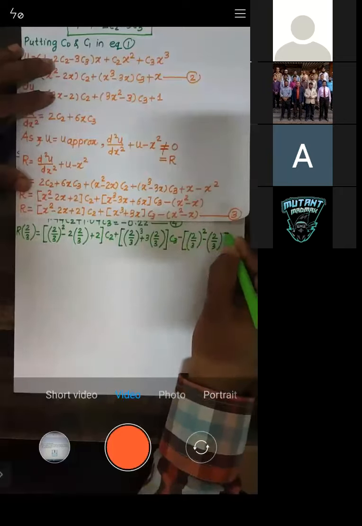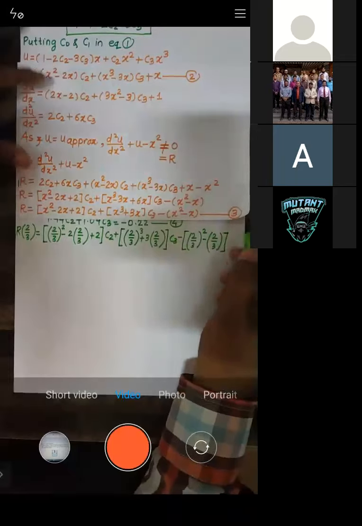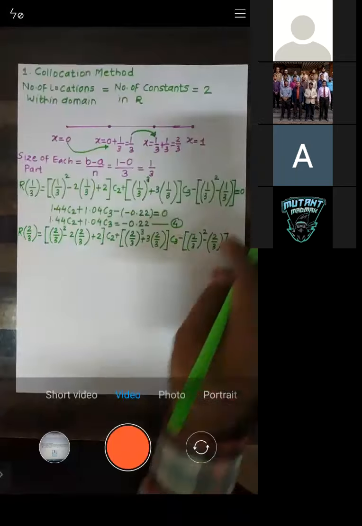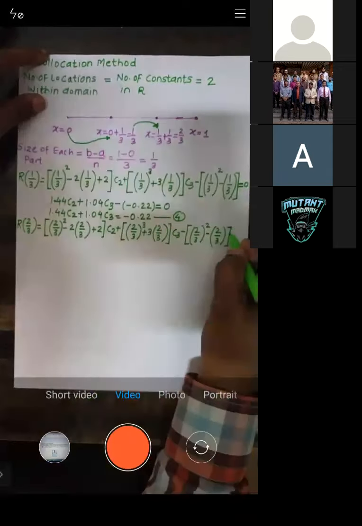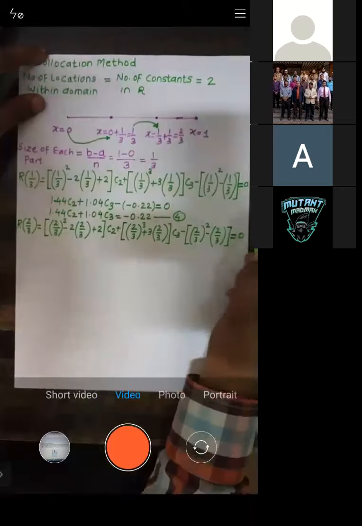This is the value of r when x is 2 by 3 that we have put, and obviously this is again equal to 0, because we want the residue or error to be equal to 0.